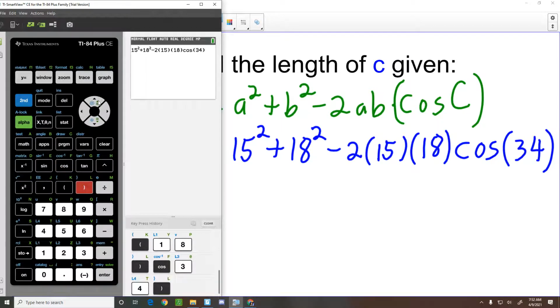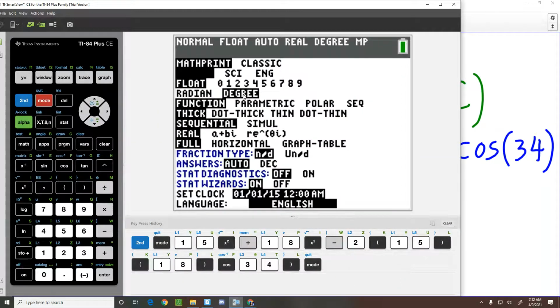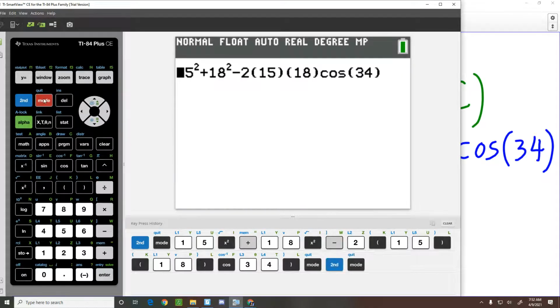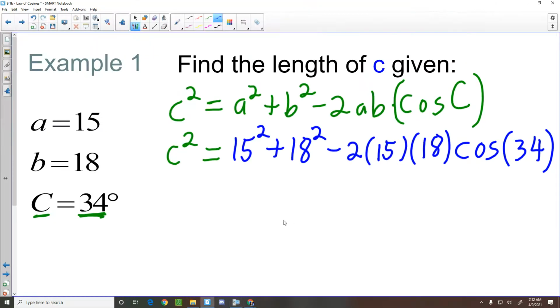This is degrees, so before I hit enter, I'm going to hit the mode button and make sure that I am in degree mode, which I am. Second quit gets me back to the screen. There's my calculation. I hit enter, and I got 101.